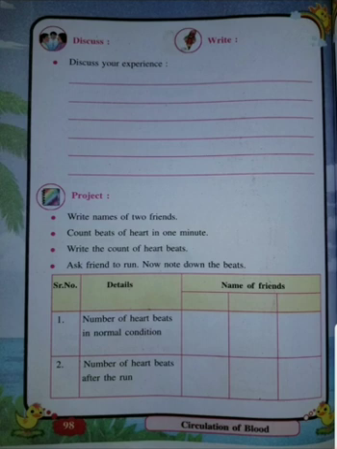Okay, children. So here write the names of the two friends, count the beats of the heart in 1 minute, and write the count of heartbeats. I told you that in 1 minute, in a normal human being, the heart will beat 70 to 72 times per minute.